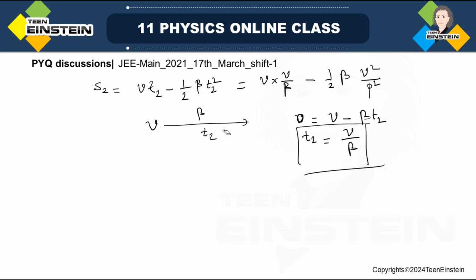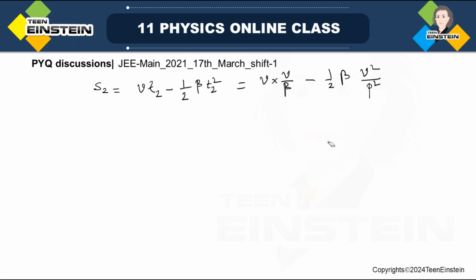Now look at what I have got here: v square by beta minus v square by beta with 2 here, so it will be half v square by beta.